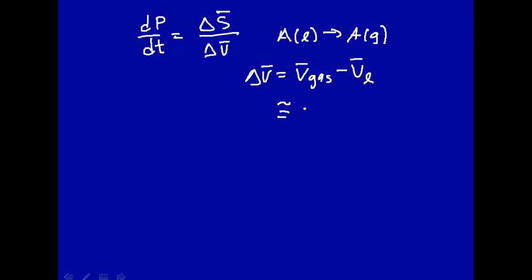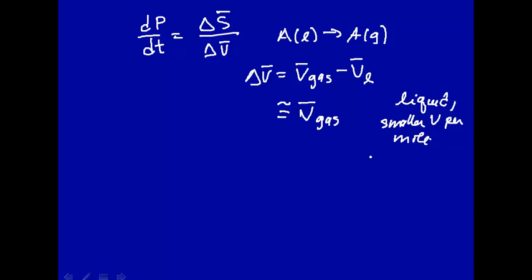I claim that this is about equal to the partial molar volume in the gas phase. Why? Liquid per mole has a smaller volume. The volume occupied by 1 mole of the liquid is much less than the gas, so we can approximate the molar volume change as just the partial molar volume of the gas itself.